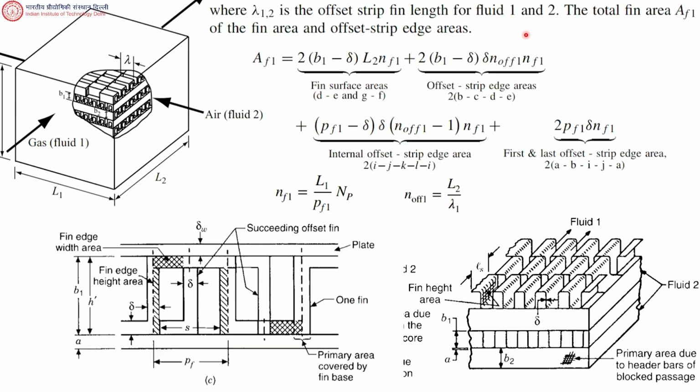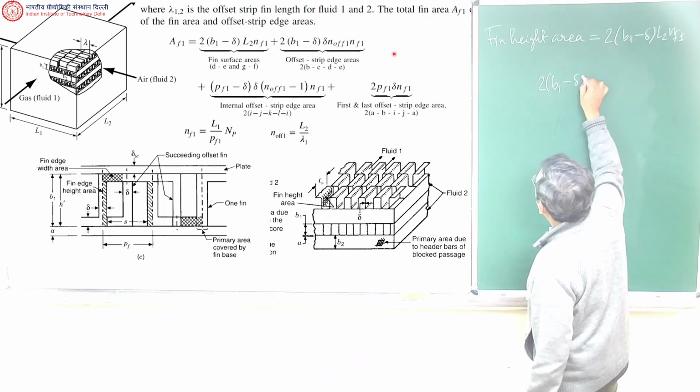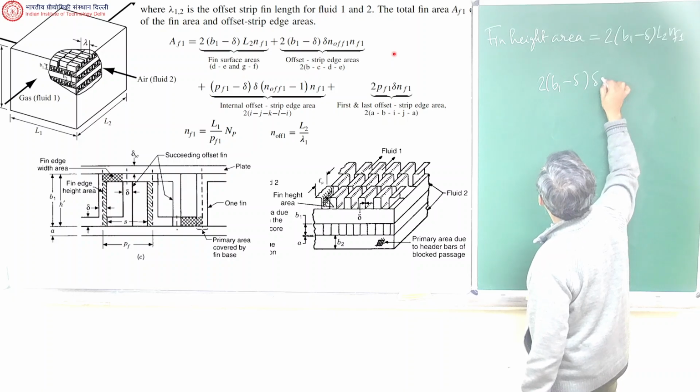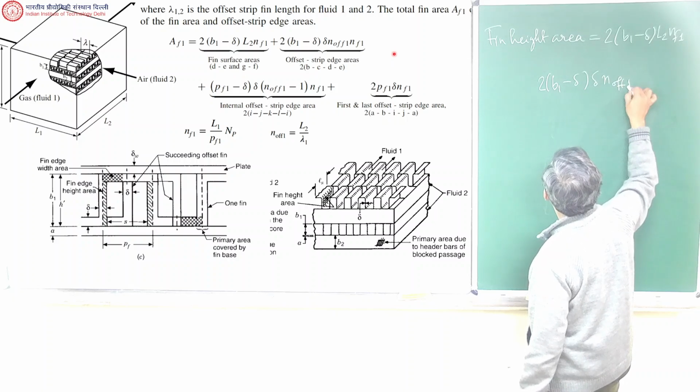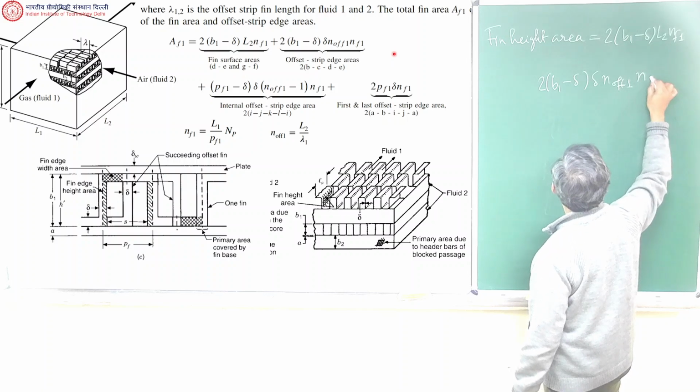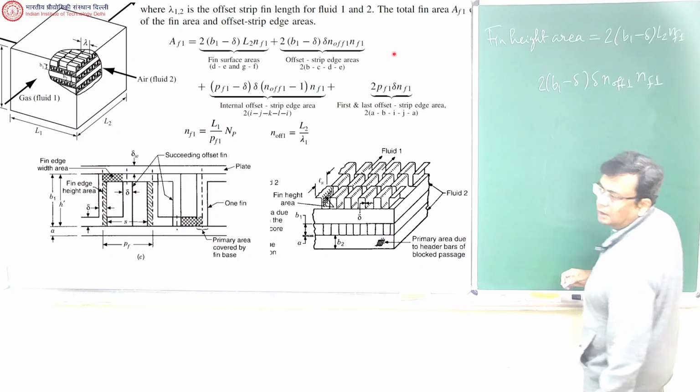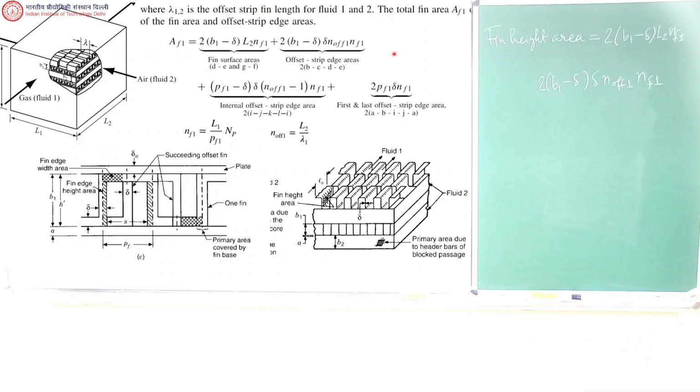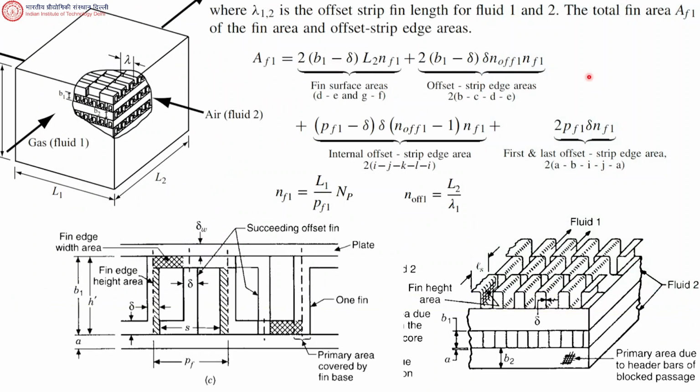Now let's look at the second term. The second term in the AF1 expression is 2 times this area. And what is that area? Now that area is what is marked here.